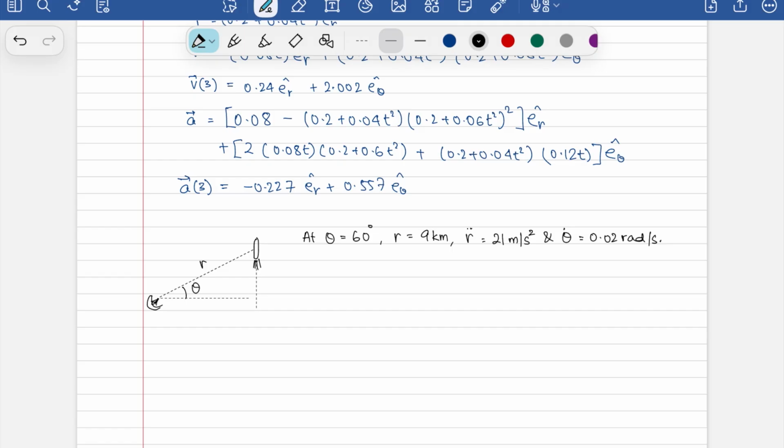This is for a vertically fired rocket. Now the question asks you to find the magnitude of acceleration and the speed of the rocket.